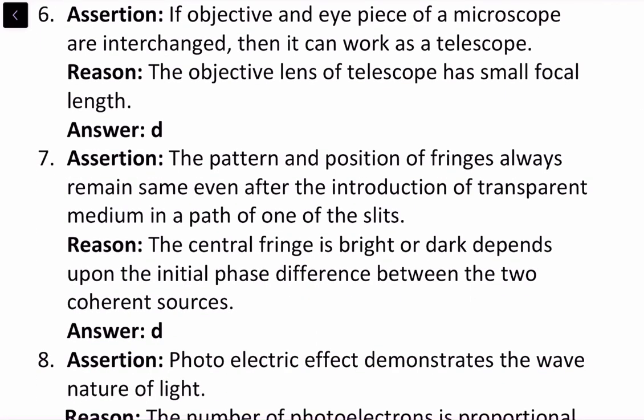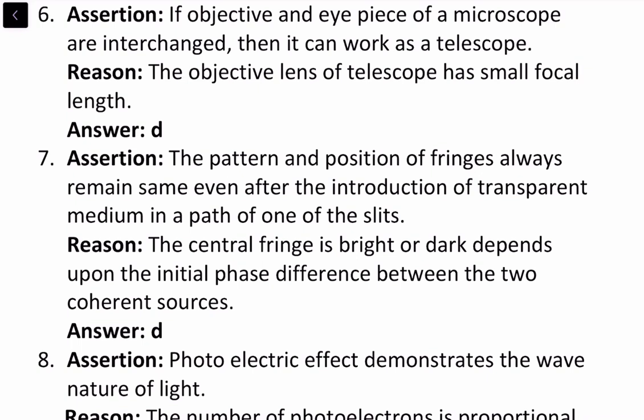Now, coming to the 7th one. Assertion: the pattern and position of fringes always remain the same even after the introduction of a transparent medium in the path of one of the slits. So what they are trying to tell us here is, we all know Young's double slit experiment. So there are two coherent sources, two slits are there.